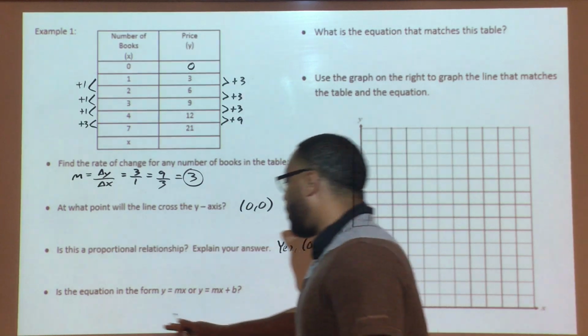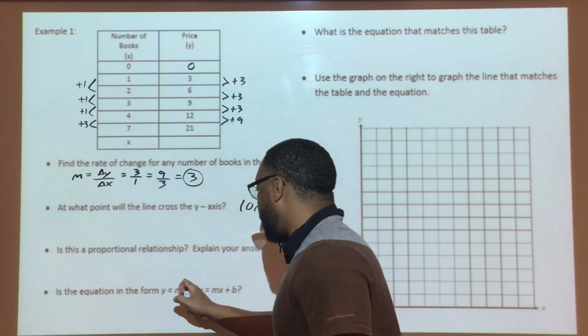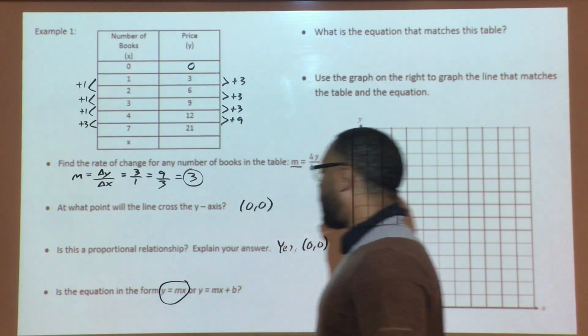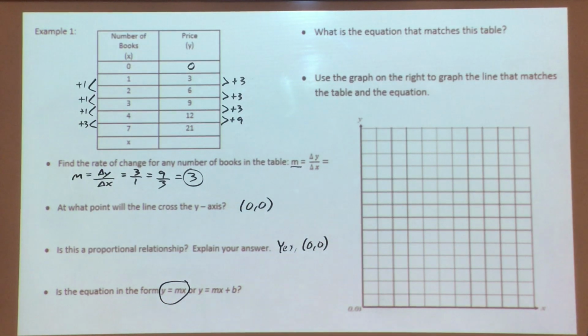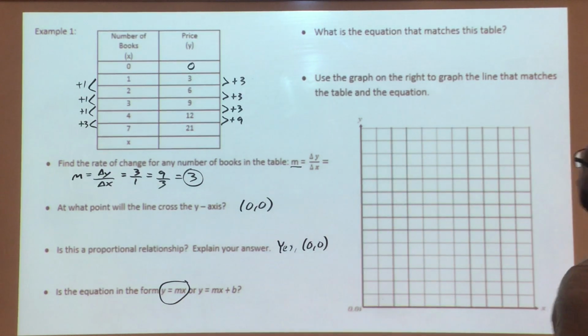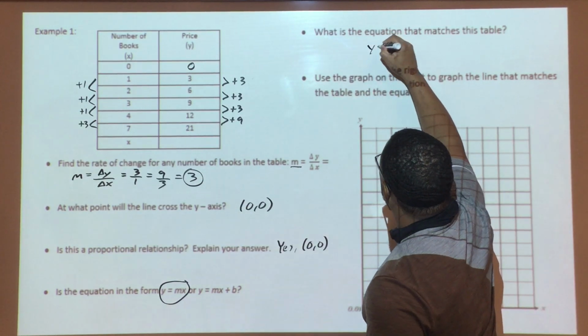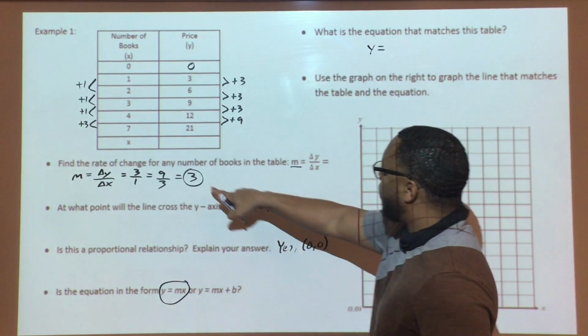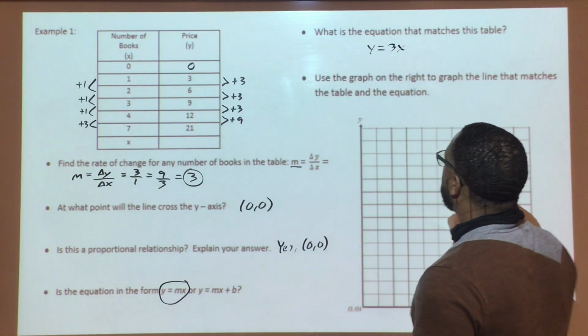Is this equation in the form y equals mx plus b? It's going to be in the form of y equals mx because it is proportional. And again, on our previous slide, we talked about all proportional relationships. The equation will be in that form. So what is the equation? Well, the equation here would be, if my rate of change is 3, y equals 3x.